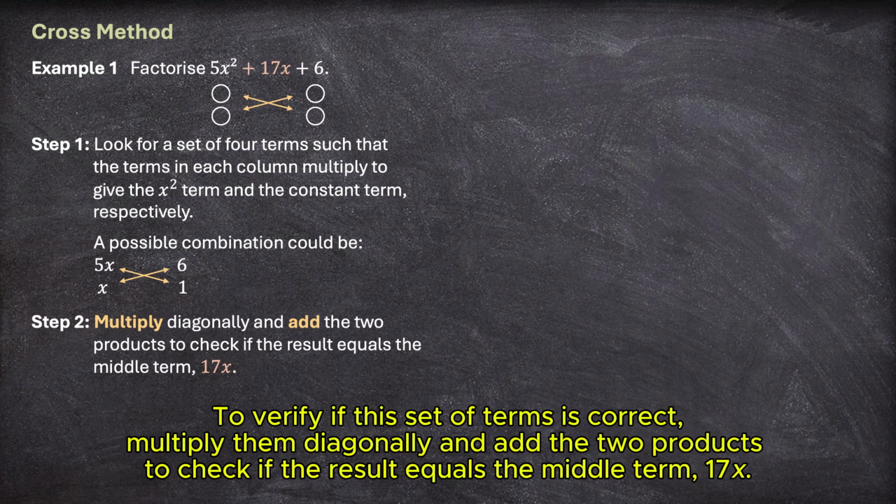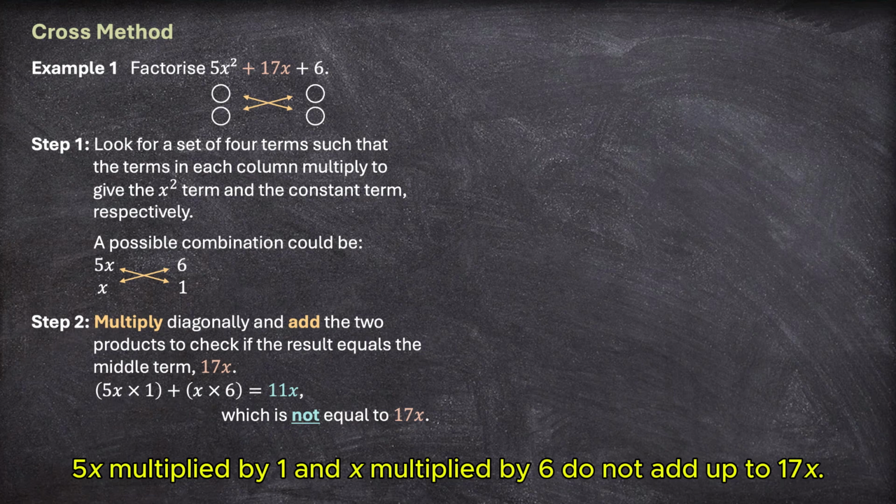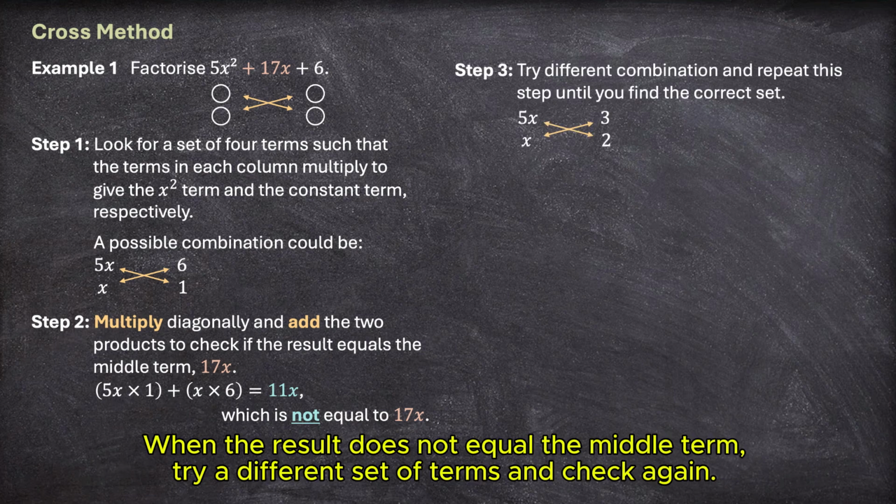To verify if this set of terms is correct, multiply them diagonally and add the two products, to check if the result equals the middle term, 17x. 5x multiplied by 1 and x multiplied by 6 do not add up to 17x. When the result does not equal the middle term, try a different set of terms and check again.